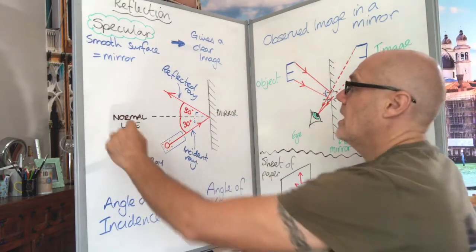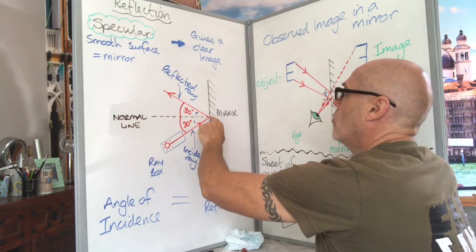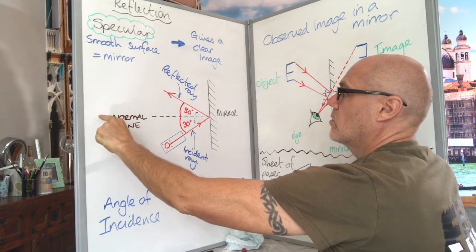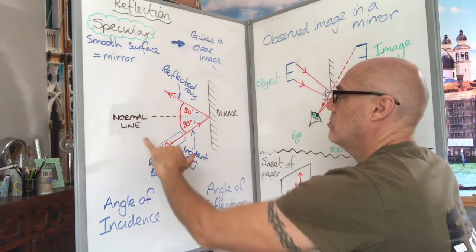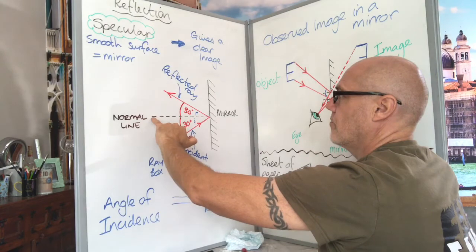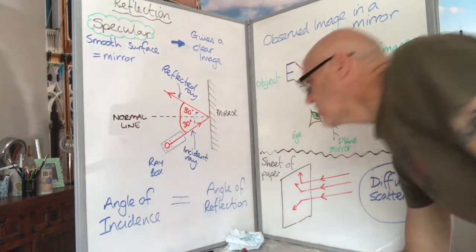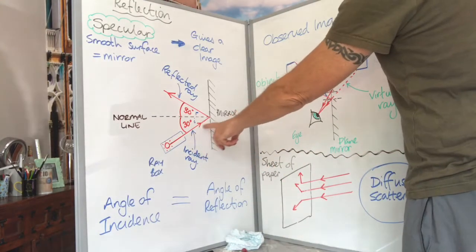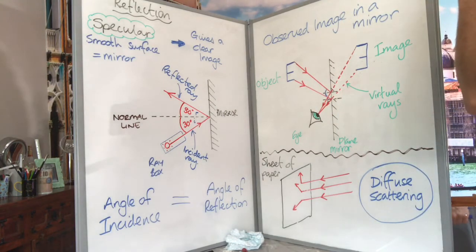Now if we shine our ray along the normal line here, it will reflect back along the same path. Okay, that's the only exception to this, although the angle of incidence and the angle of reflection are still the same, they're both 0. Okay, so that's the experiment you would have done, and if you've got any equipment at home that you might be able to use with a simple plain mirror, have a go and look at that yourselves.